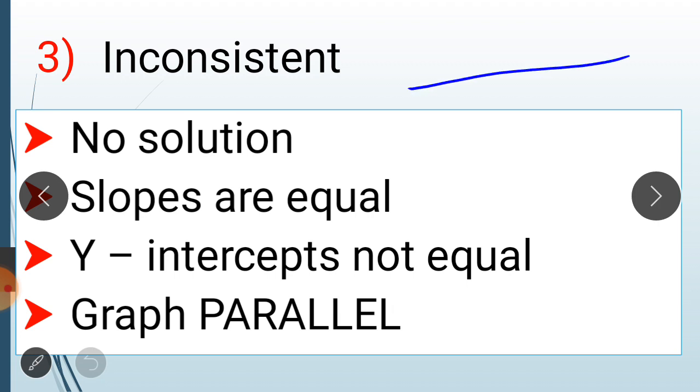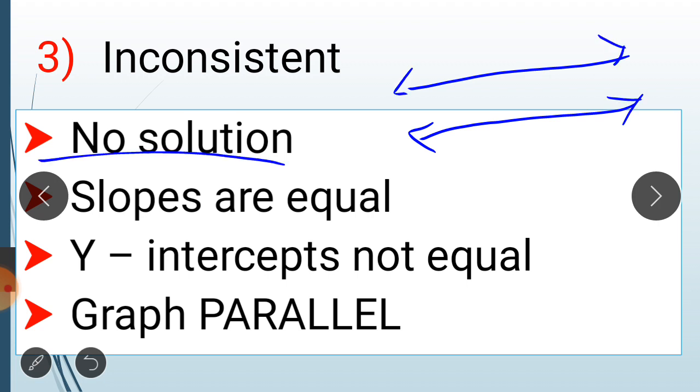Okay, so when you see parallel lines, that's why they have no solution, because these 2 lines can never intersect. No matter how close they are to each other, they will never intersect. Slopes are equal because they are parallel lines.